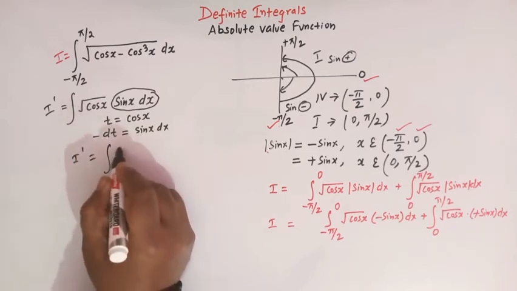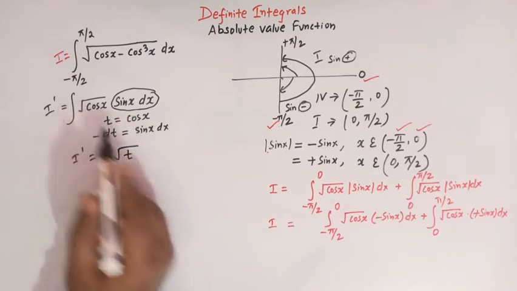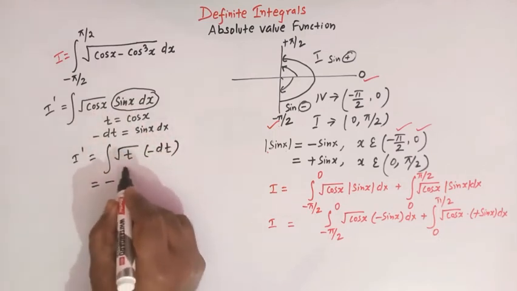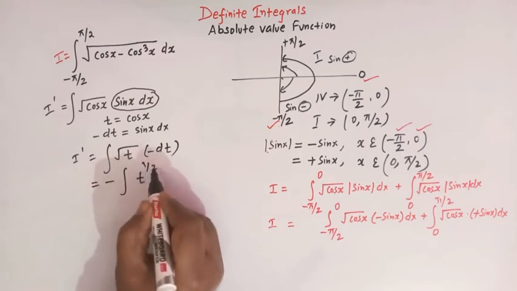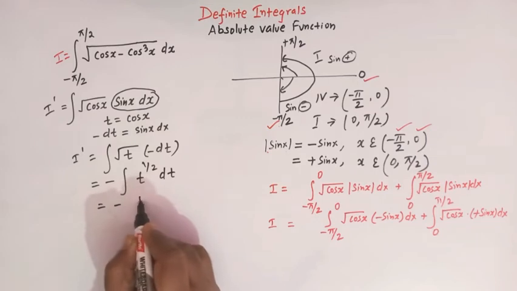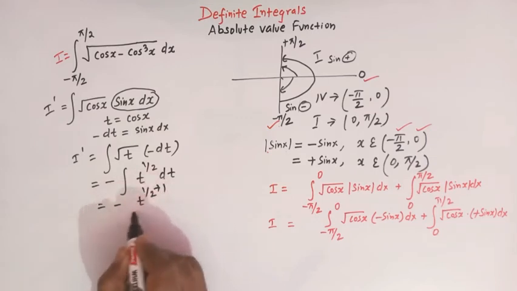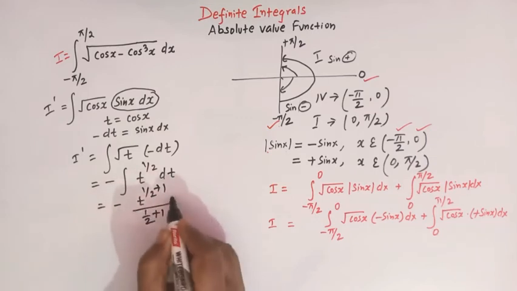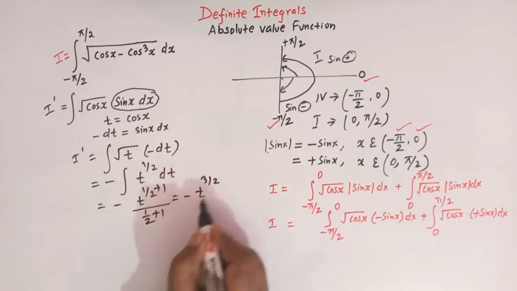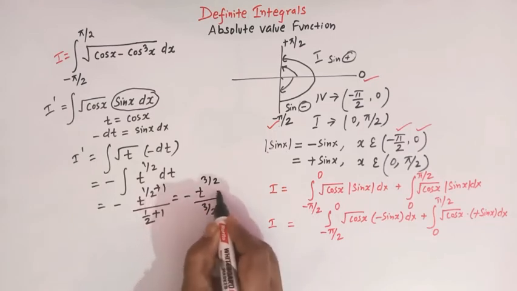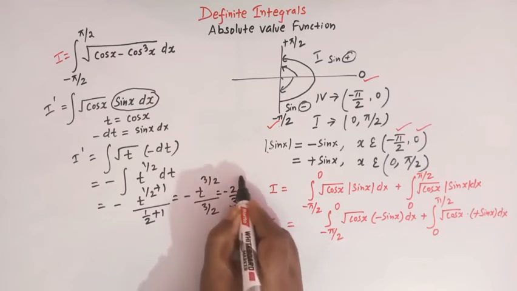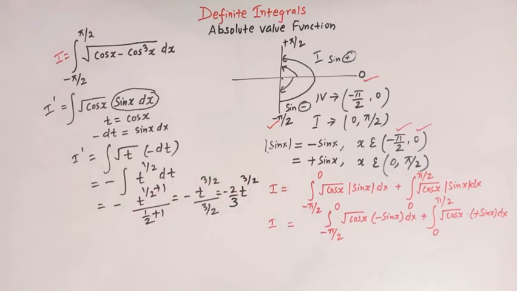So I prime is equal to integral, here we have square root of t because cos x is t, and here we have minus dt. Now we have integral t raised to half dt, and this is minus, here we have half plus 1, and we have minus t raised to 3 over 2 over 3 over 2, and this is minus 2 over 3 times t raised to 3 over 2, right?